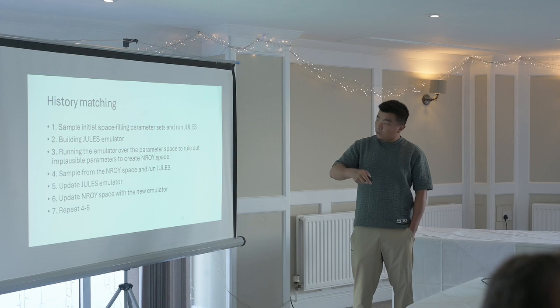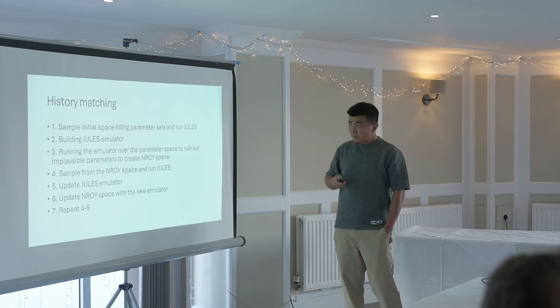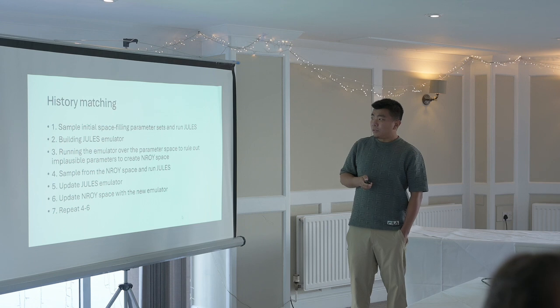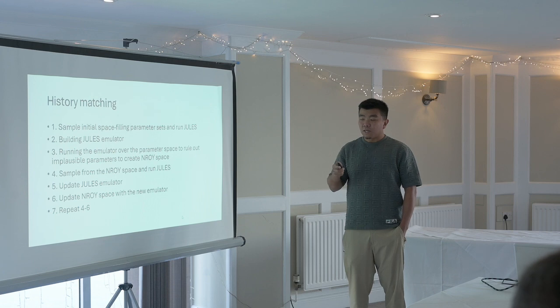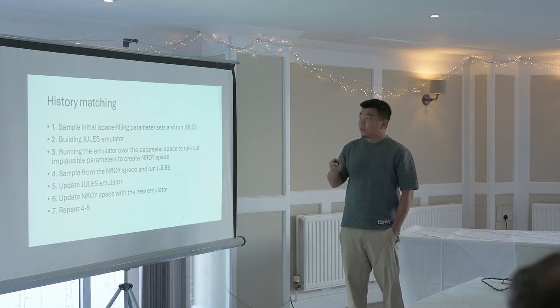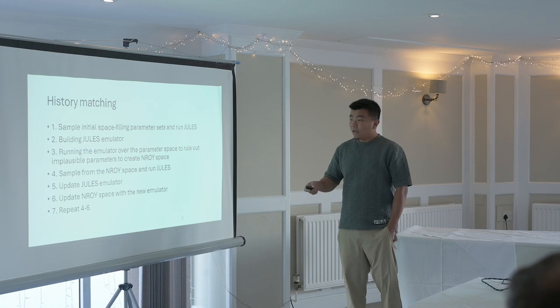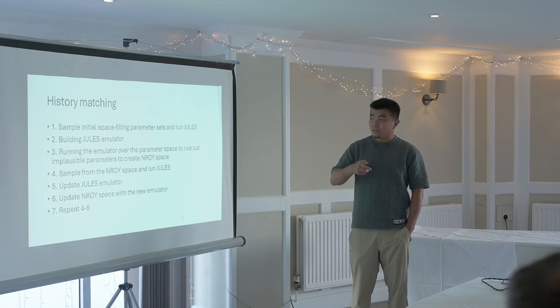We can go over a larger part of the parameter space and rule out the implausible parameters to create a not-ruled-out-yet space. Then we keep sampling from that space, which we consider more possible for the parameters, and run JULES again, and update the emulator and the space until it's stable and in a very small region.